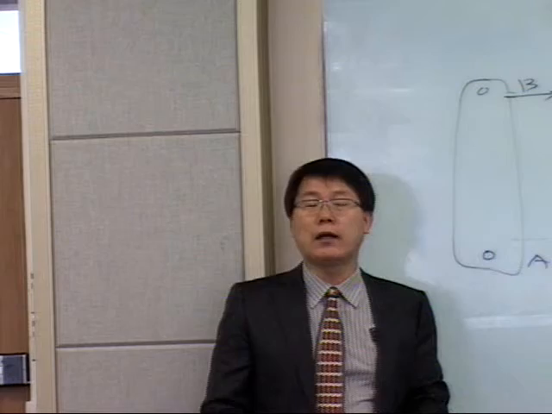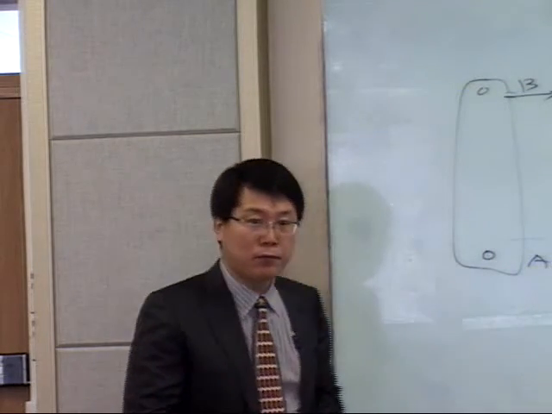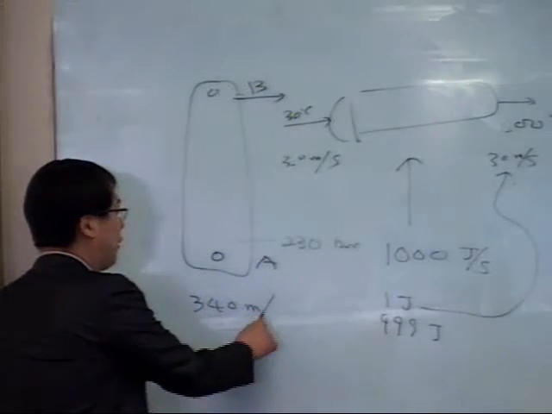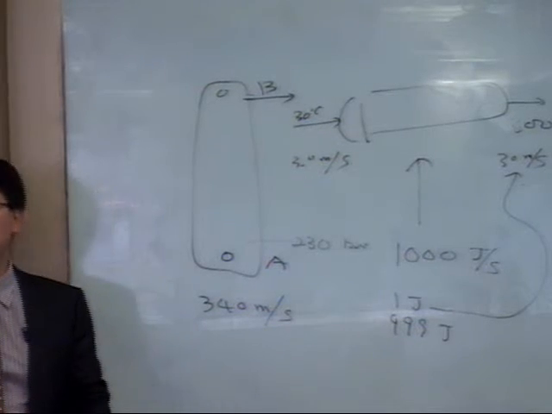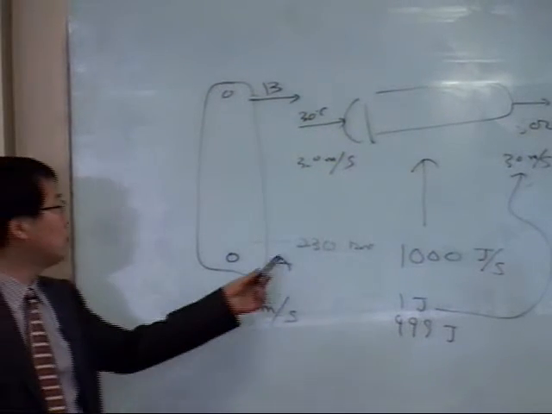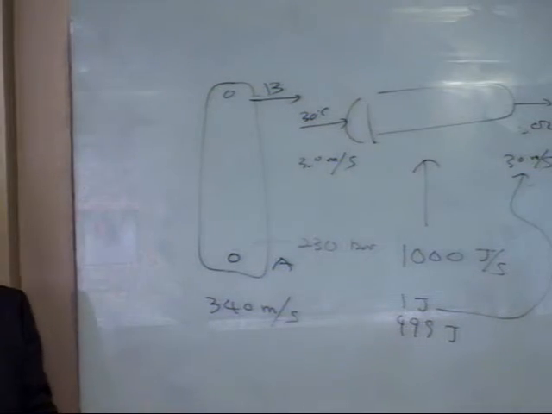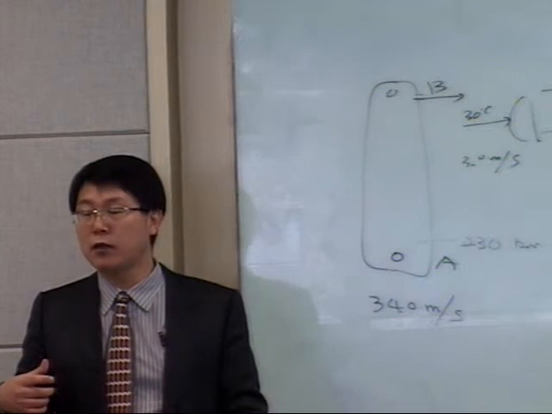What is the sonic velocity for 1 atm? 340 meter per sec, right? If the pressure is increased to 230, maybe the sonic velocity is far above 500 meter per sec.